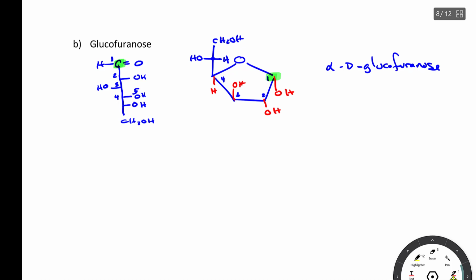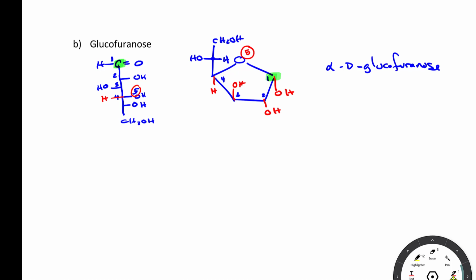And if you remember, there's a hydrogen here, and then this oxygen is here. This is the 5th member of the ring. It attacks the carbonyl, which is in green, and then that leaves the hydrogen. That's the only thing that wasn't left drawn on there. So that's what alpha D glucofuranose looks like.